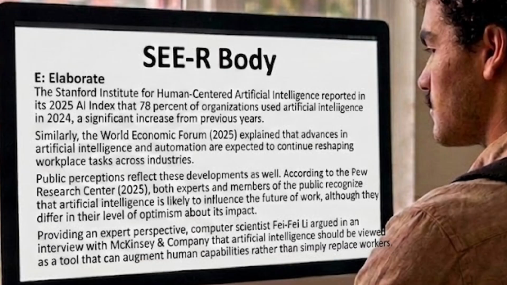Providing an expert perspective, computer scientist Fei-Fei Li argued in an interview with McKinsey & Company that artificial intelligence should be viewed as a tool that can augment human capabilities rather than simply replace workers.